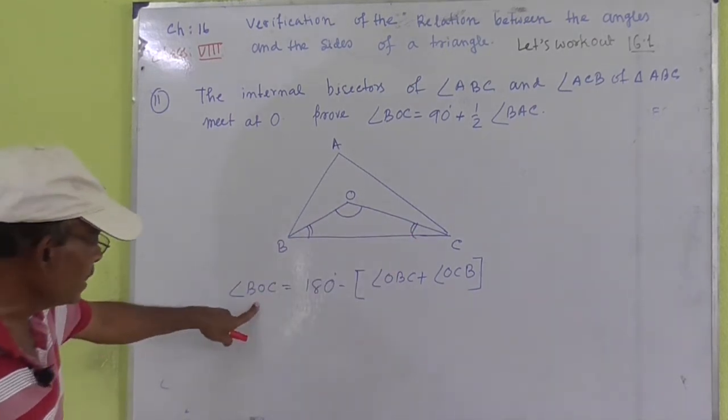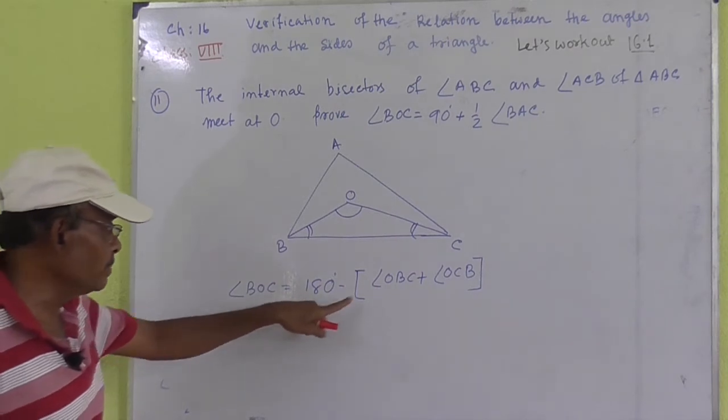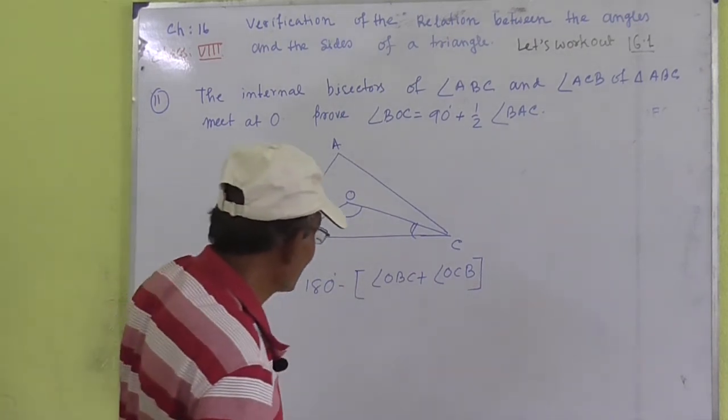So, angle BOC equals 180 minus angle OBC plus angle OCB.